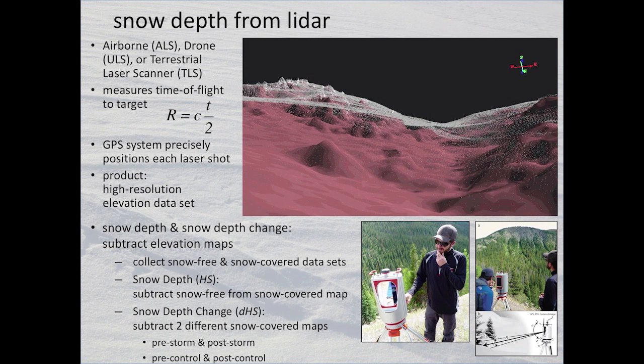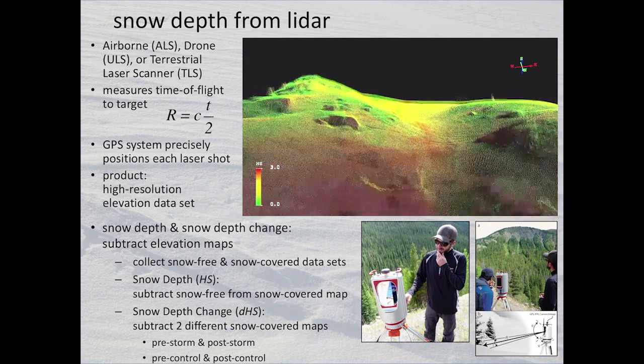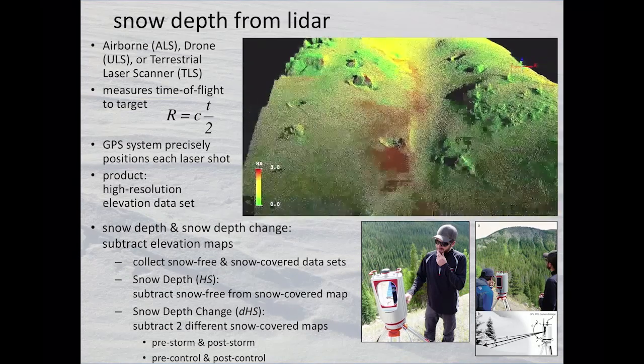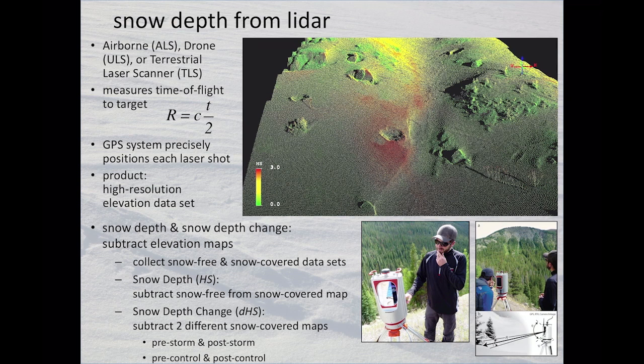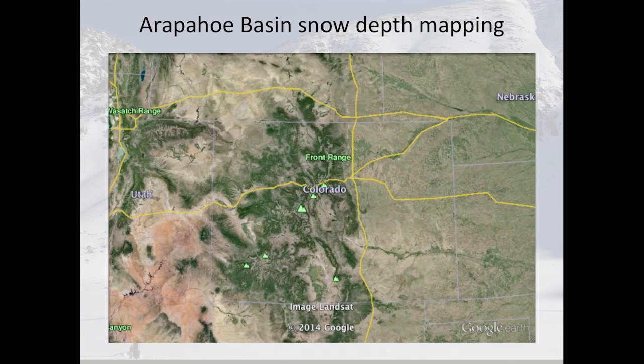We can make two or multiple measurements and subtract the difference between them in the vertical direction to get a total snow depth or a change in snow depth from a previous snow surface scan. And then that individual point cloud is tagged with these depth measurements, and we can do colored visualizations like this. Dom here is looking at one of the scanners that we use. So these are pretty conventional survey instruments that we're tasking for this purpose.